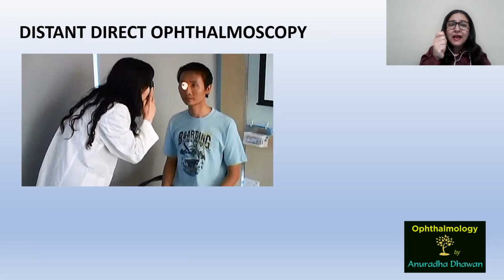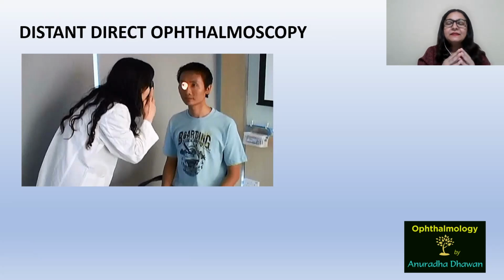We shine the light of the direct ophthalmoscope through the dilated pupil of the patient, and through the ophthalmoscope we can notice if there is any opacity in the media. What kind of opacity? There can be corneal opacity, there can be cataract, there can be vitreous opacities, and we also notice what kind of glow or red reflex is coming from the patient's eye.